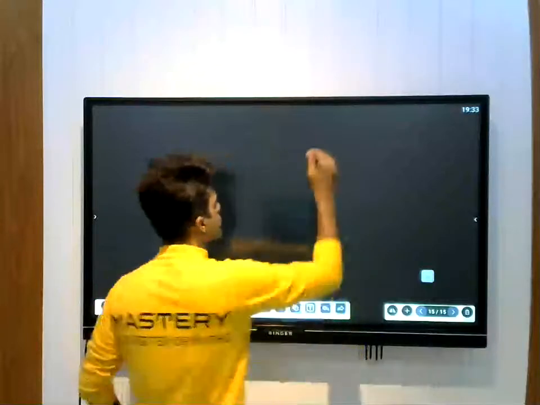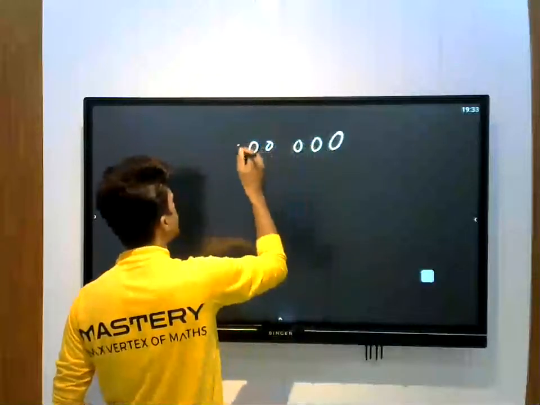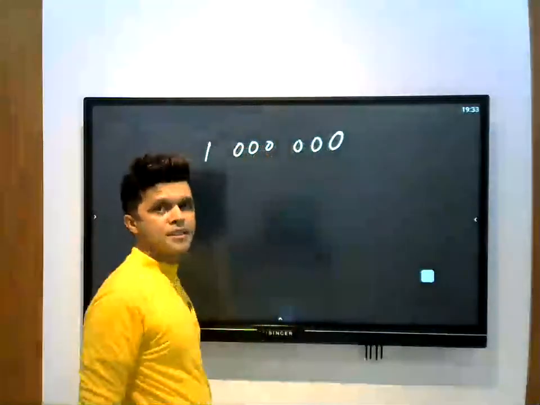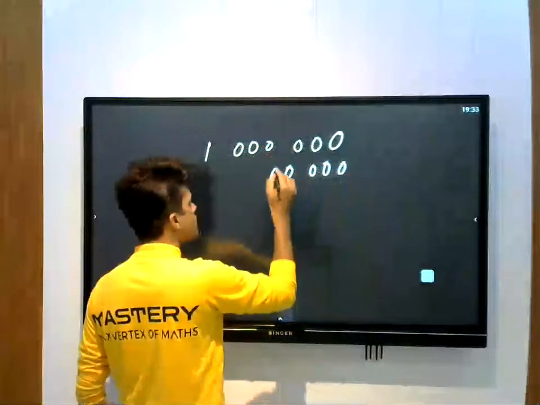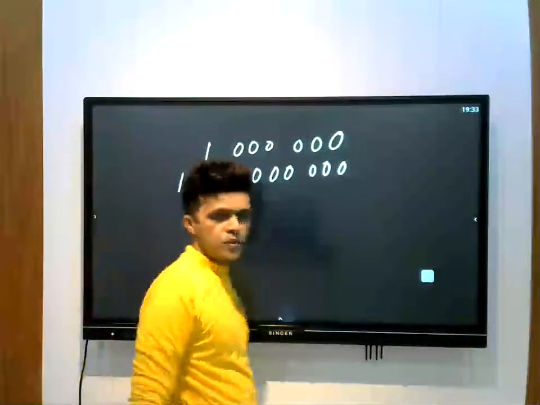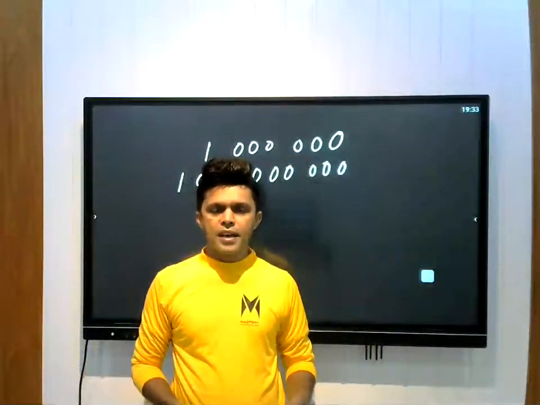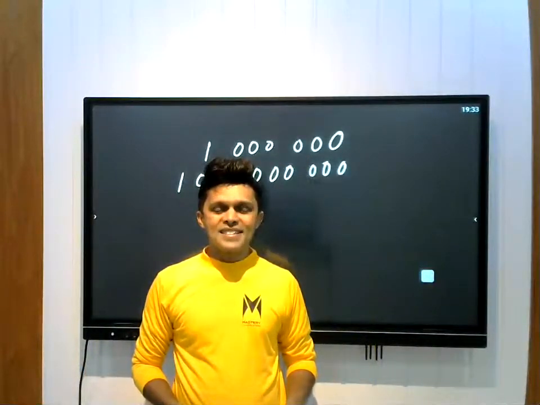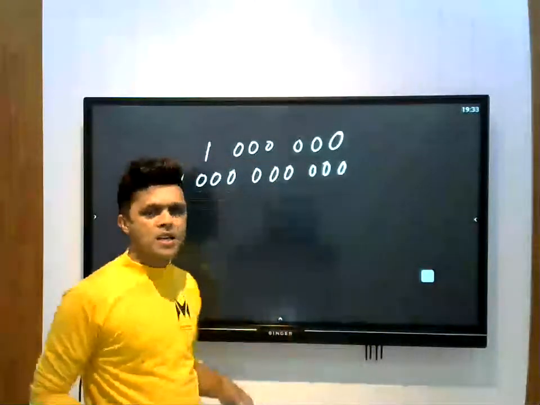You know, this is the unit zone, the thousand zone, the million zone, and 1 million. Then the unit zone, thousand zone, million zone, billion zone, and this is 1 billion.